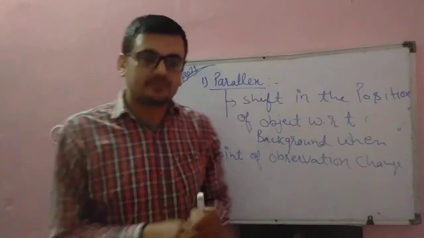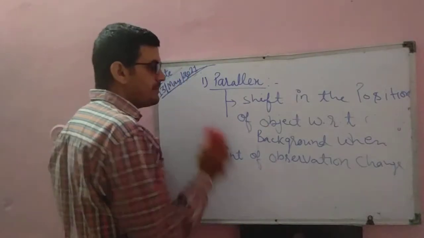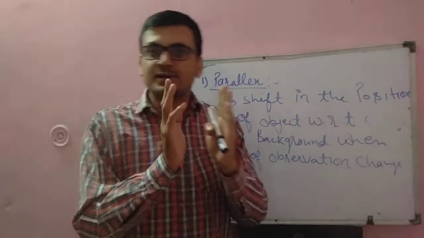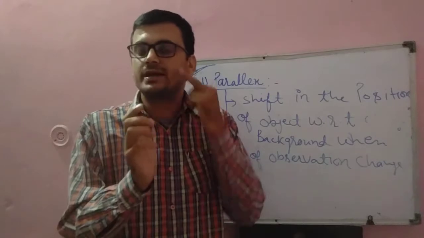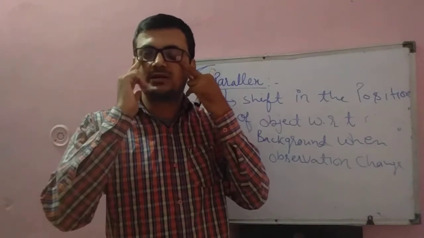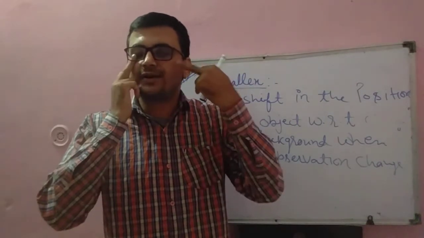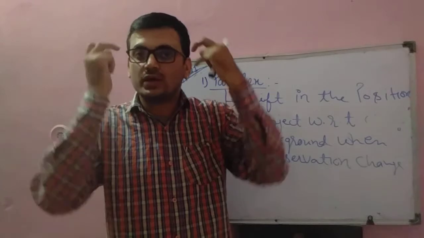So how is this method used? Beta, the distance between the points of observation, in the first case the point of observation is this eye, in the second case the point of observation is this eye.